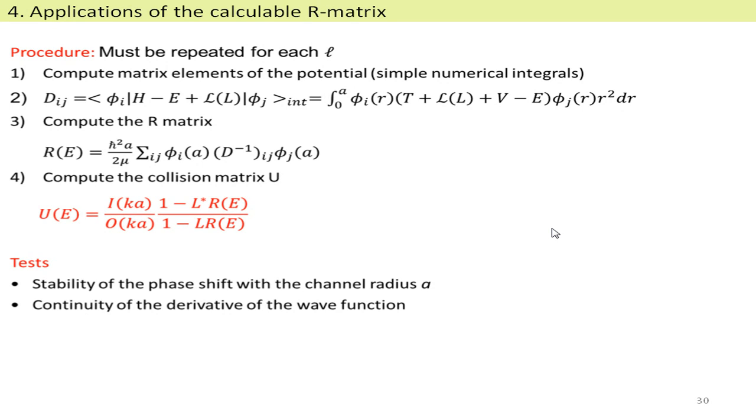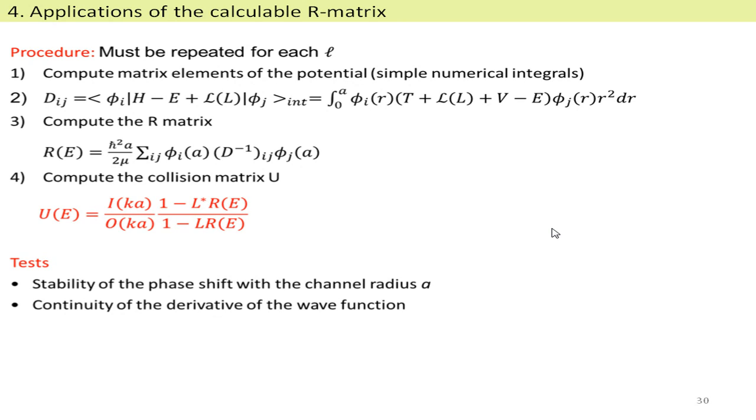scattering matrix. And of course, you have tests. And as I said before, one of these tests is the stability of the phase shift when you change the channel radius. And another test is the continuity of the derivative. I've shown you in one of my first slides that with the Bloch operator, you have the derivative continuous.